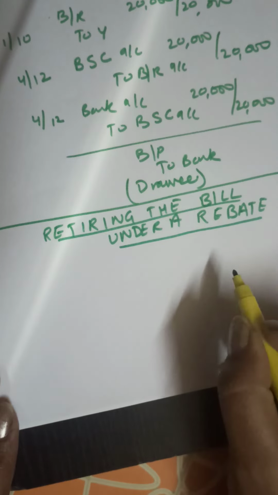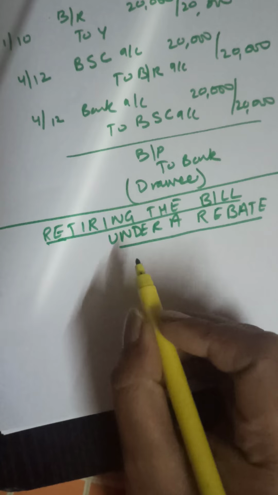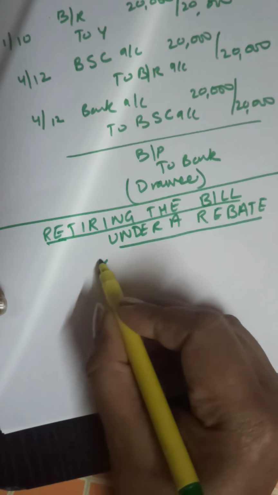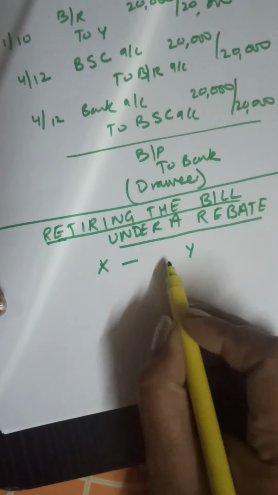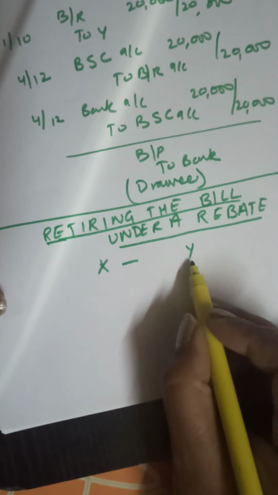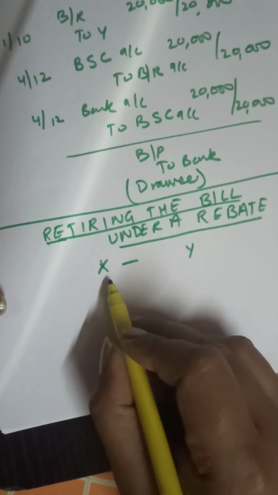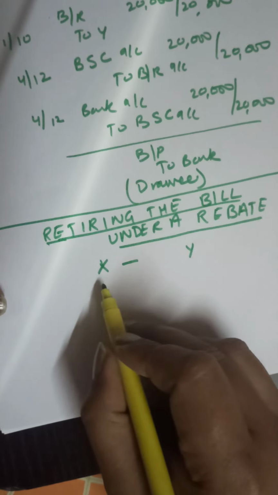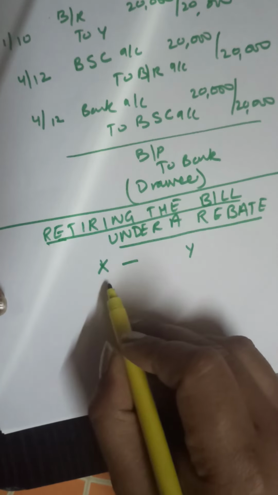Retiring means returning a bill. X is selling the goods to Y, and the entries remain the same. Y to sales, and in the books of Y, purchases to X. Then the bill is accepted, BR to Y, and X to bills payable. The entries remain the same.